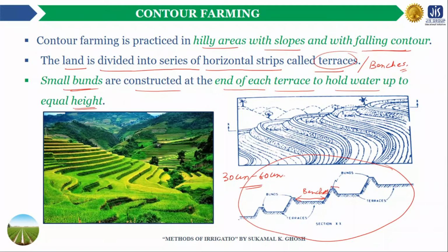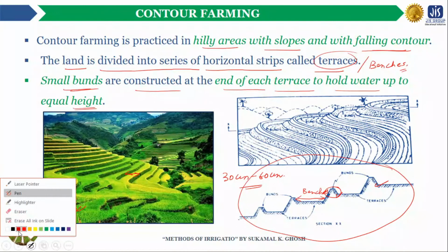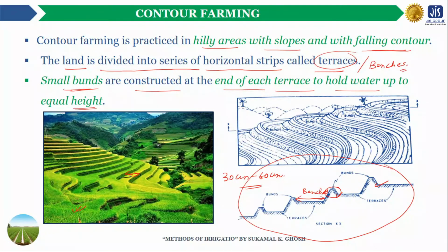And these are the bunds or the levees which are constructed at the end of each terrace so that they can hold the water up to equal height. You may also observe in this particular figure, these are the benches or the terraces, and these are the bunds or the levees to hold the water up to equal height.